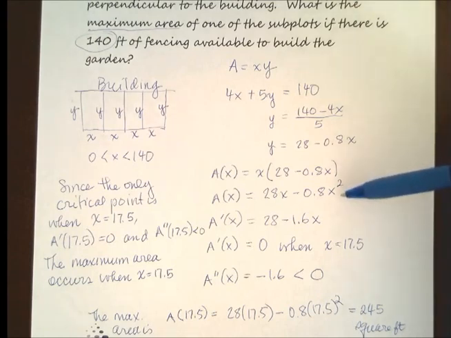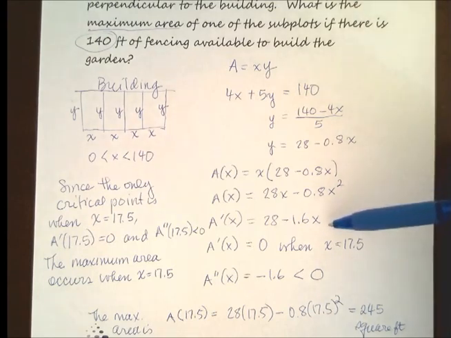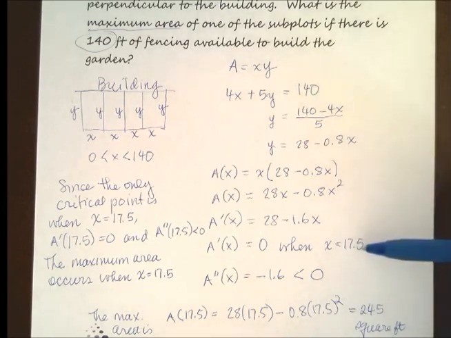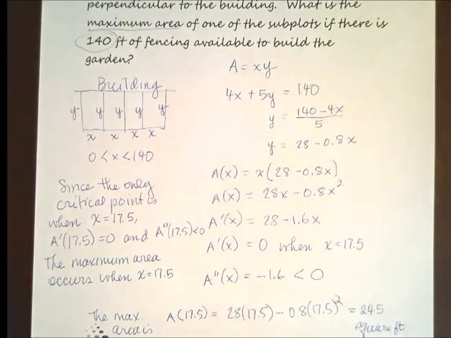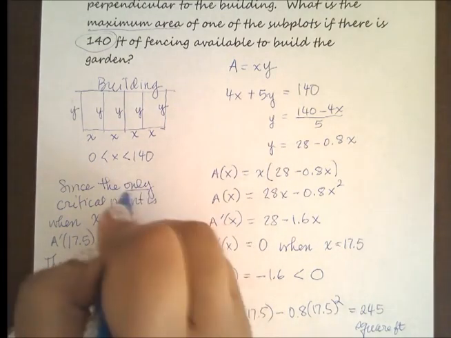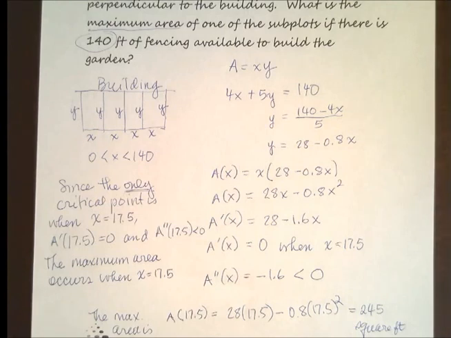Now that I have my area function, I could go ahead and find the derivative. I only had one critical point. I went ahead and found the second derivative and used the second derivative to justify that at this critical point, and it's important here that I stated that I was looking at the only critical point. That is my indication that I am considering the entire domain, so that this is the absolute maximum and not just a relative maximum.